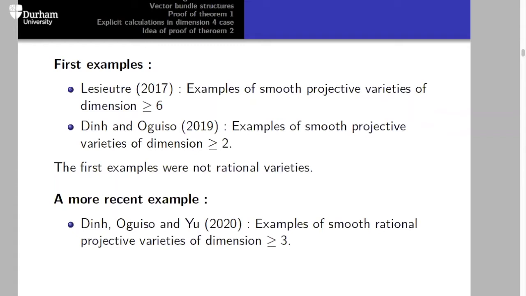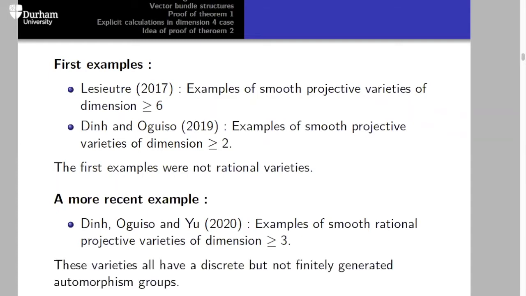Now, in all these examples, the reason that they have an infinite number of real forms comes from the fact that they have very unusual automorphism groups. And in fact, that's what Lesieutre was studying in the beginning. All of these varieties have discrete but not finitely generated automorphism groups.